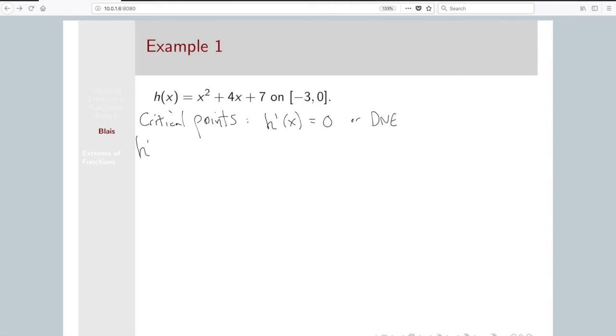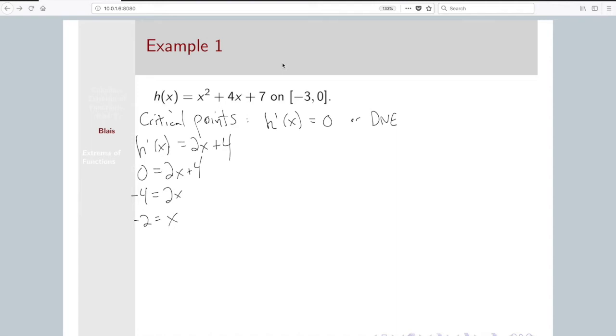This is a polynomial, so there's no problem with the derivative. The derivative exists everywhere. Setting our derivative equal to 0 gives 0 equals 2x plus 4, or minus 4 is 2x, or x equals minus 2. And one thing to note, and you always want to check this, is that minus 2 does in fact fall in the interval.